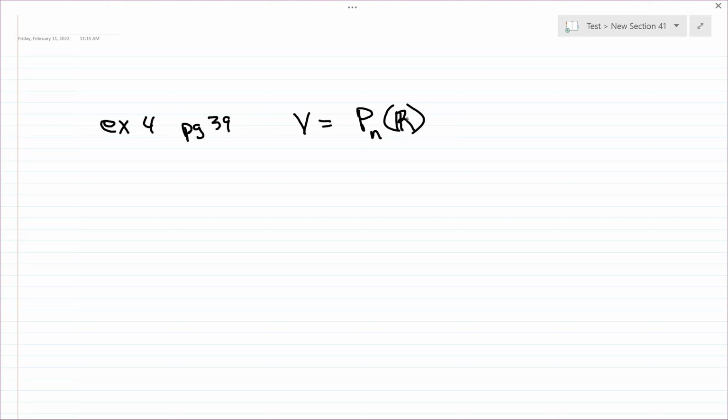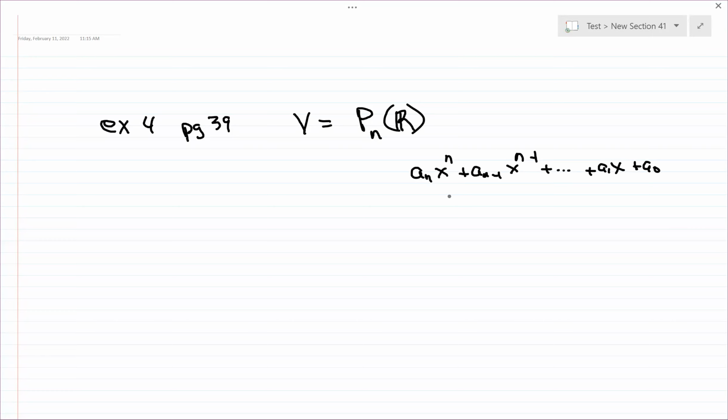So things in here, polynomials of degree n, look like a_n x to the n plus a_(n-1) x to the n minus 1 all the way down to a_1 x plus a_0, where all of these coefficients, and I should be careful, maybe I don't want to call them a's.